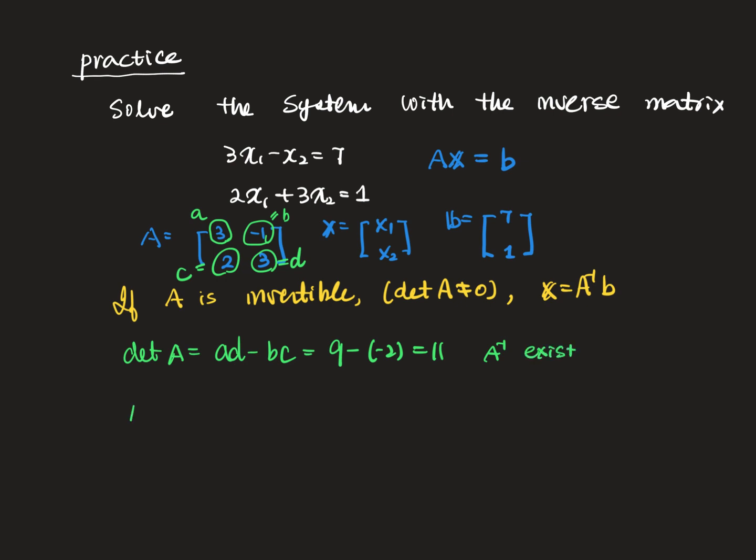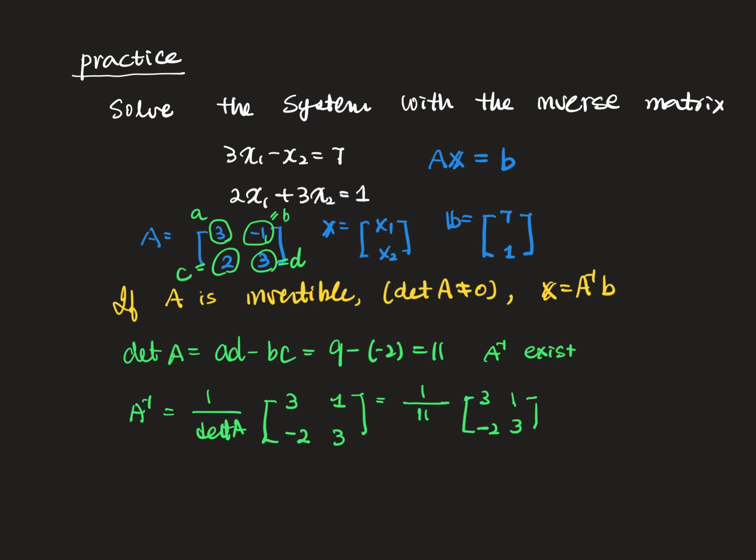So we want to find A inverse: 1 over the determinant of A, times d, negative b, negative c, a, which is 3, 1, negative 2, 3. So that's going to be 1 over 11 times 3, 1, negative 2, and 3.